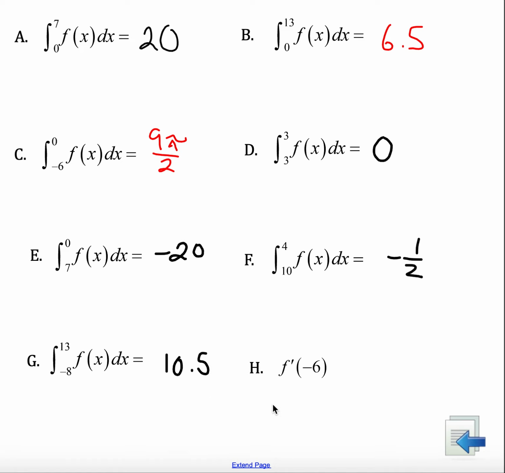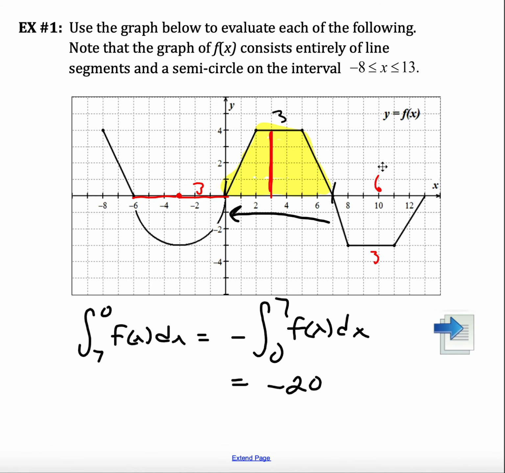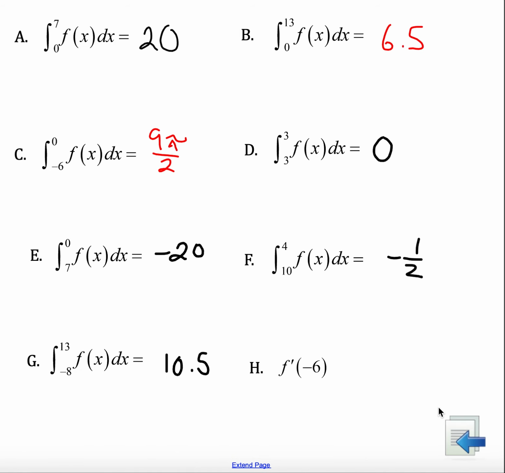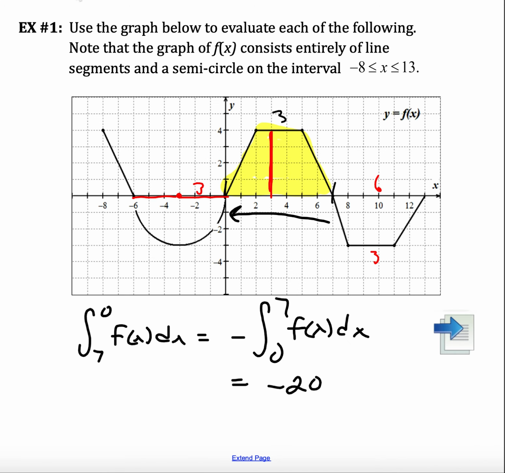Now, H is a little bit interesting because they're not asking you for the integral, but for the derivative. If you take the derivative of f at negative 6, they give us the function f of x. So, just to be correct, we're looking at negative 6 right here, this little area. If we look at this slope, you have a negative slope, but then the graph turns into a semicircle, which still has a negative slope, but it becomes a lot steeper.